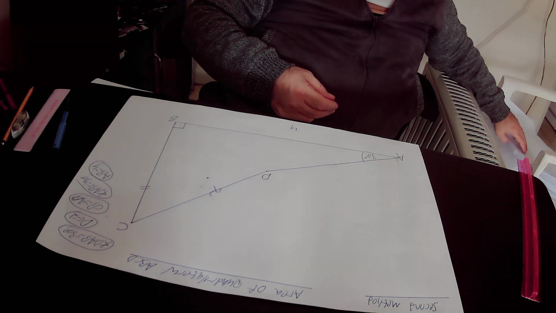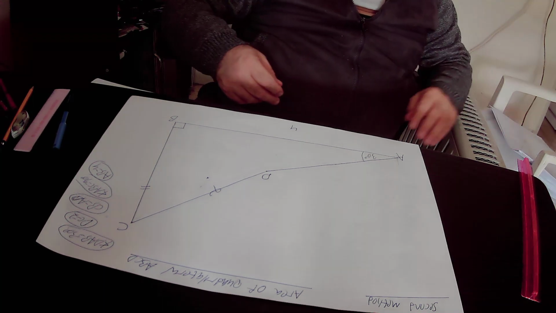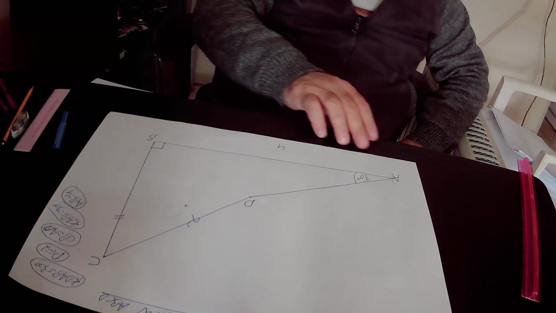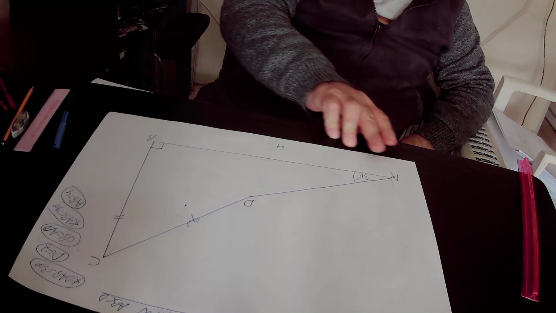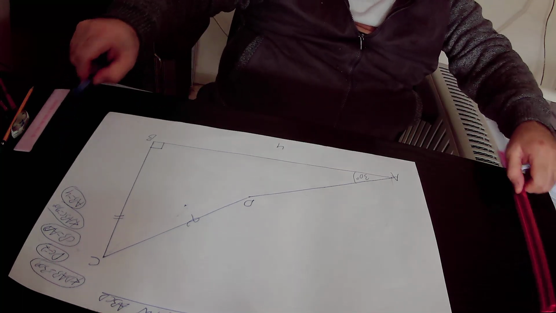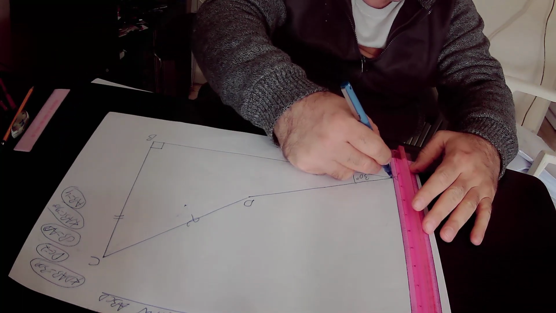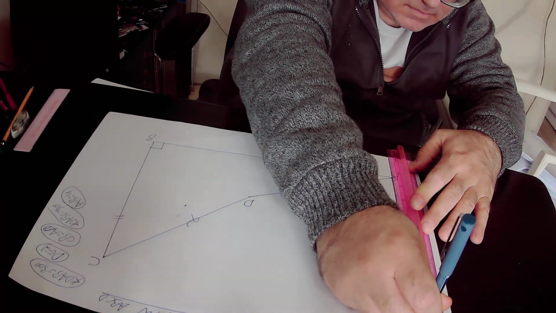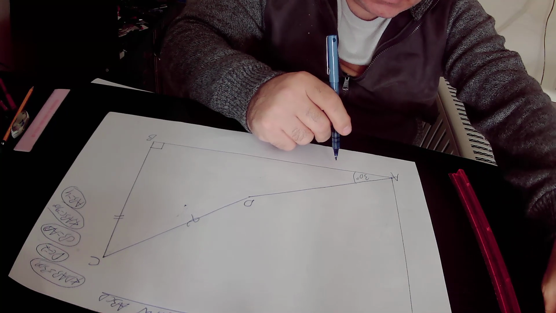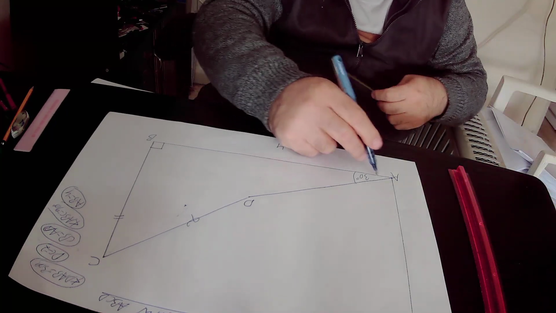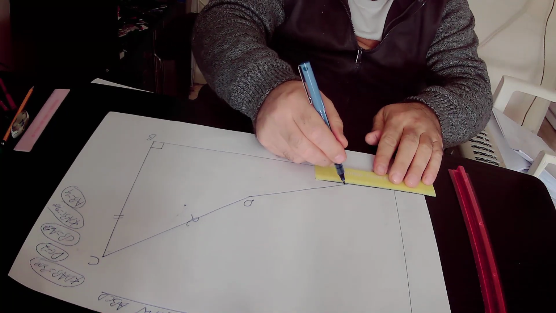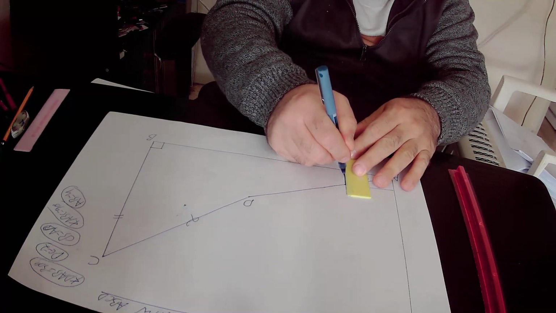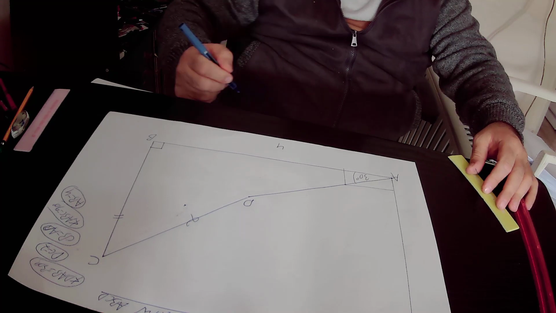In the second method, we will do another construction. From point A, we will draw a perpendicular to AB. So this angle will be a right angle, that is to say, it will be equal to 90 degrees.